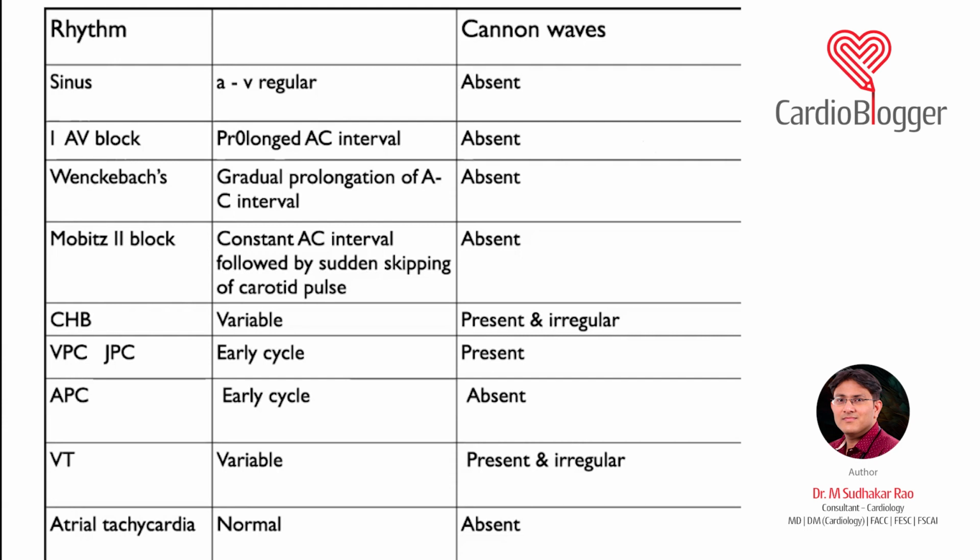In VT with AV association, you get regular and tachycardia. In patients with ventricular premature complexes, also Cannon A waves may be prominent. In patients of complete heart block, the Cannon A waves are present, they are irregular and there is bradycardia. In all other cases like first degree heart block, Wenckebach or Mobitz type 2, the Cannon waves are absent, but you have to see the relationship between the A and the V wave.